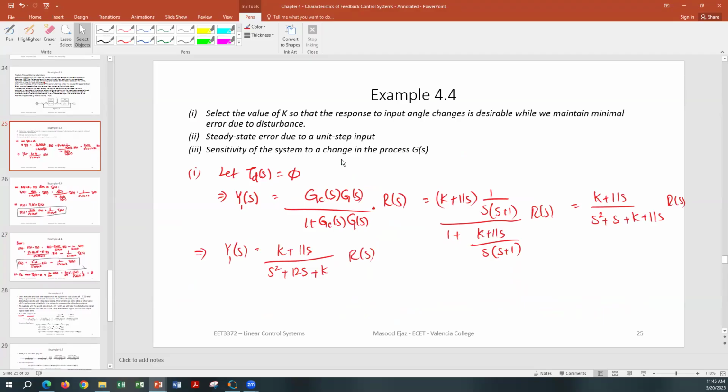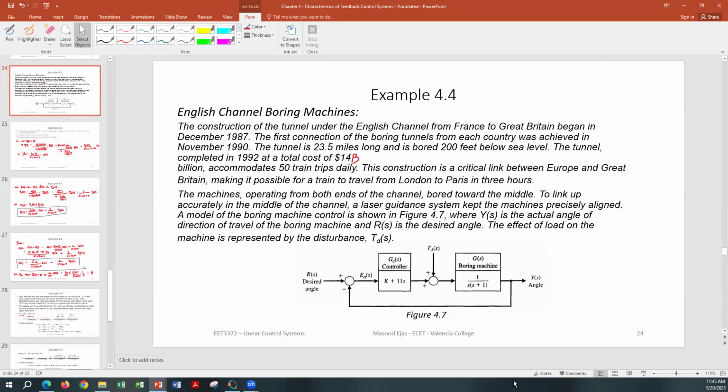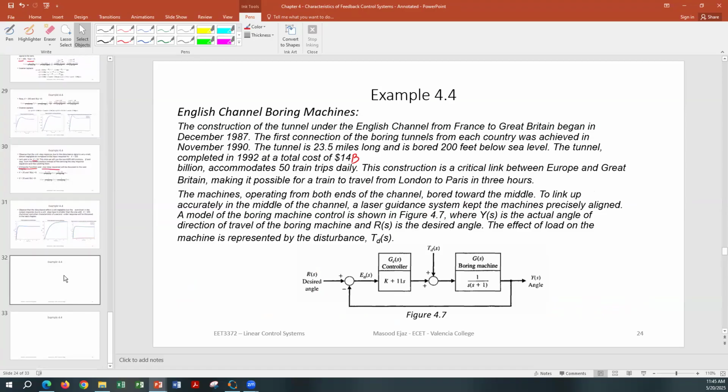Sensitivity of the system to a change in the process G(s). So again, G(s) is the boring machine, 1 over s(s plus 1). So let's look at the sensitivity if you're changing the process.